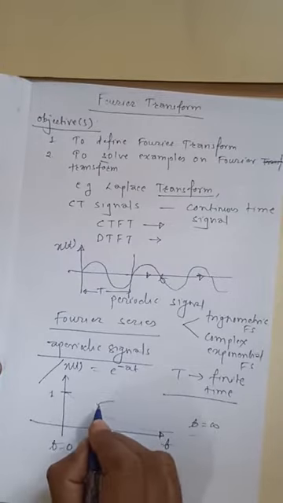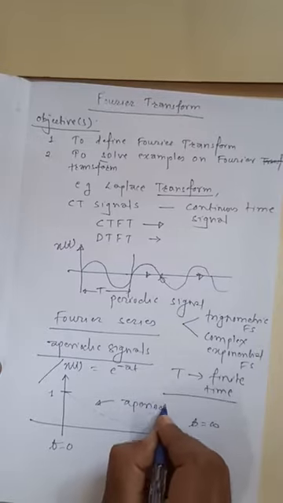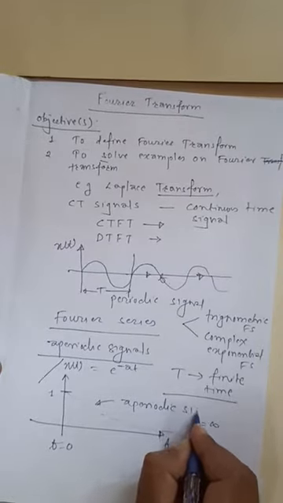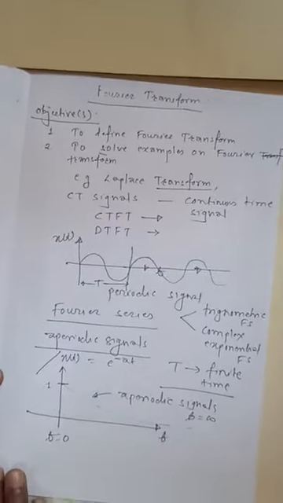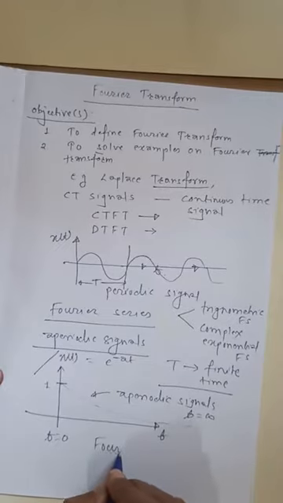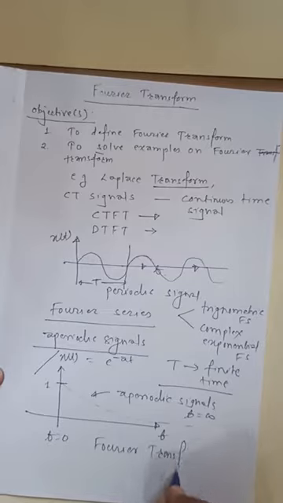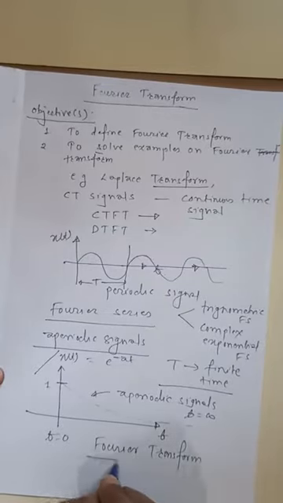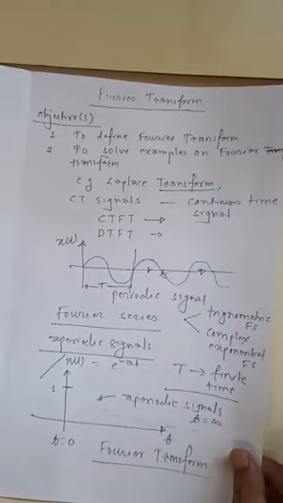So these signals are called aperiodic signals. These aperiodic signals are very well represented using Fourier transform. This is the tool which is used to represent the aperiodic signals.